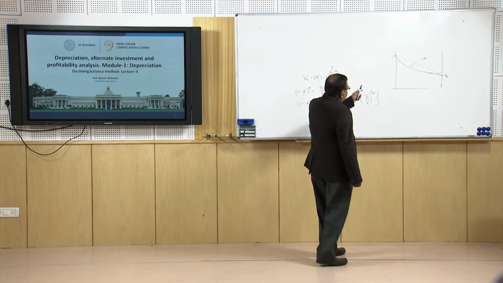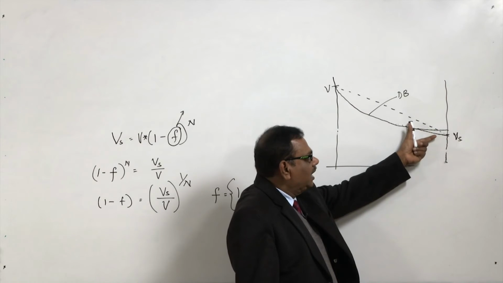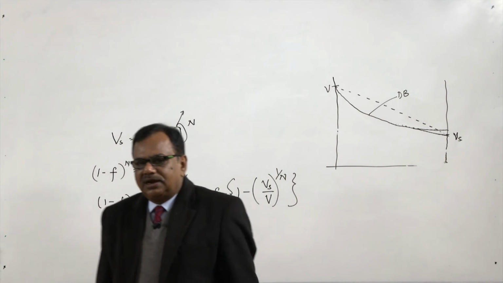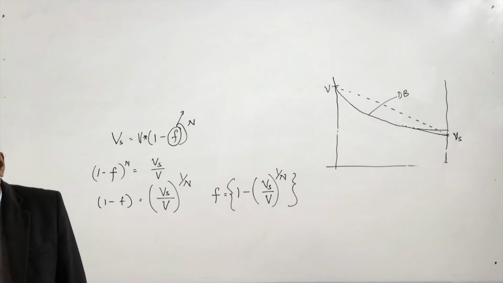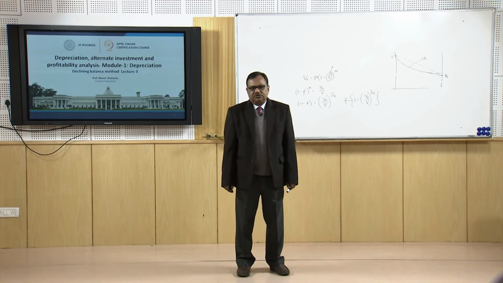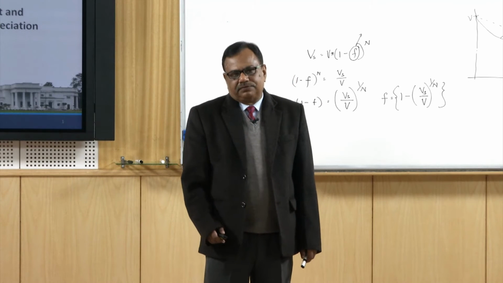That means faster recovery in the early period and then reaching the salvage value in the later period when I am using the straight line method. The figure on the right hand side also shows the effect of time on asset value when the declining balance method of depreciation is used with an arbitrarily chosen value of f.